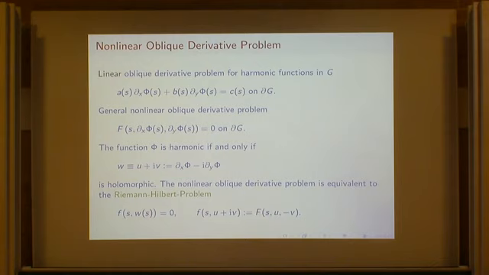And all these problems can be modeled directly as Riemann-Hilbert problems. So all that I'm saying about Riemann-Hilbert problems is also valid for these nonlinear oblique derivative problems for holomorphic functions. So here is the relation. We combine the derivatives to a complex function u plus iv. This is holomorphic, and we end up with a nonlinear Riemann-Hilbert problem.